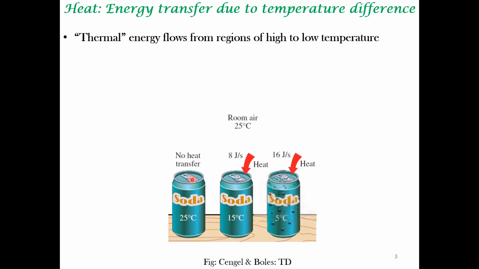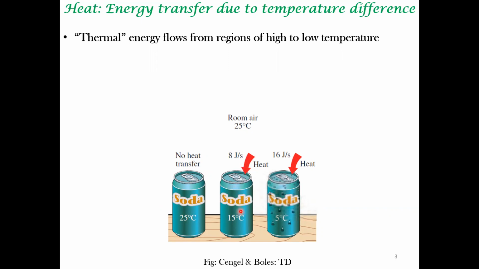The reason there is no heat transfer is not because this soda can is well insulated, like in a thermos. That's not the reason. The reason is that the temperature of the room, which is the surrounding, and the temperature of the system, the soda and soda can, are both 25 degrees centigrade. As soon as there is a temperature difference, there is heat transfer.